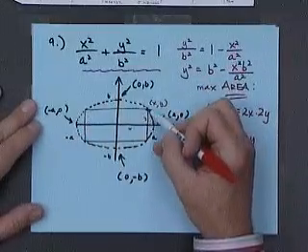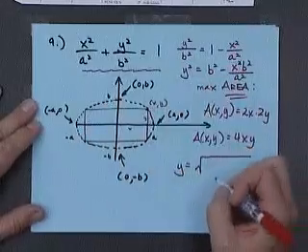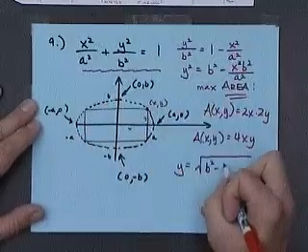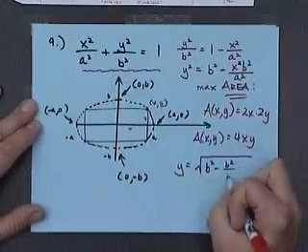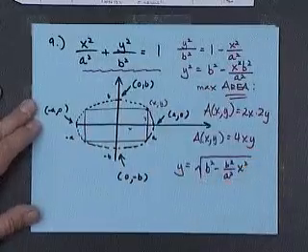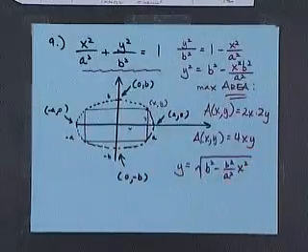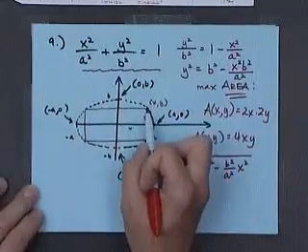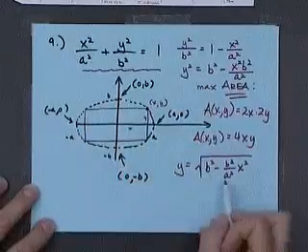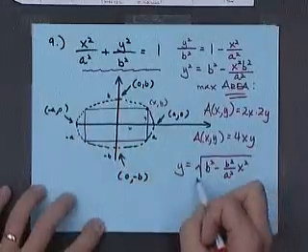So let's take y to be the positive one: the square root of b squared minus b squared over a squared x squared. So we've solved for y in terms of x, a point on the ellipse. We may not like the way it looks, but that's what y is equal to.